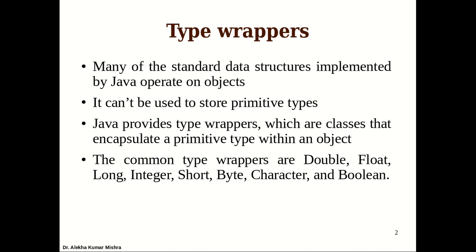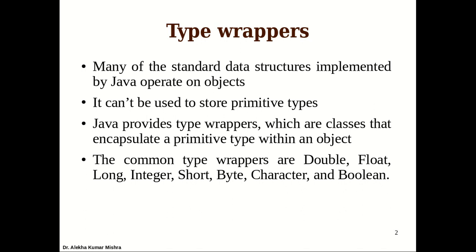We have classes that encapsulate a primitive type within an object. So when we talk about an integer or a character, they are no longer treated as a separate variable or data field that occupies some memory.